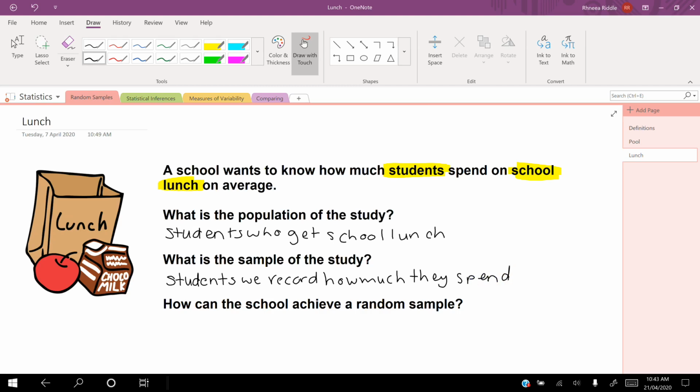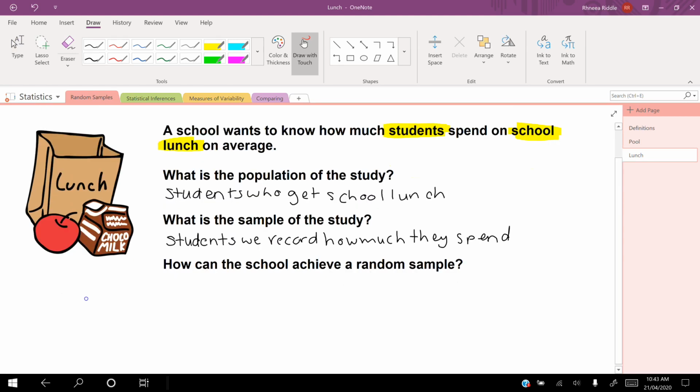So the next question asks us, how can the school achieve a completely random sample? So there are, again, many different ways that the school can achieve a random sample.